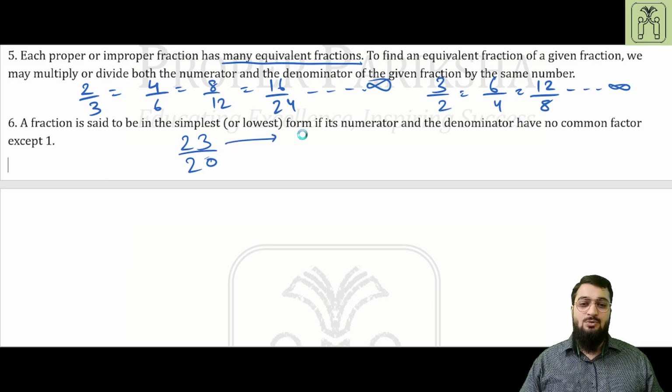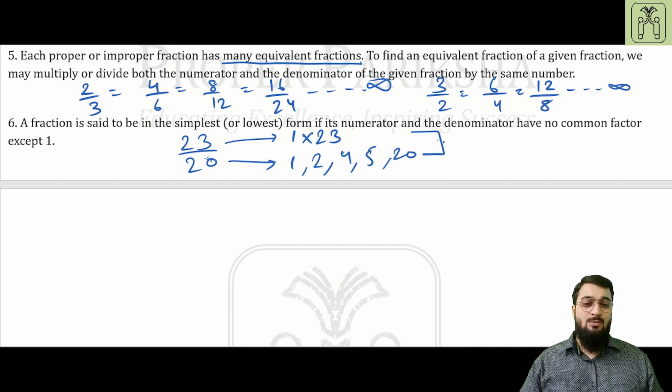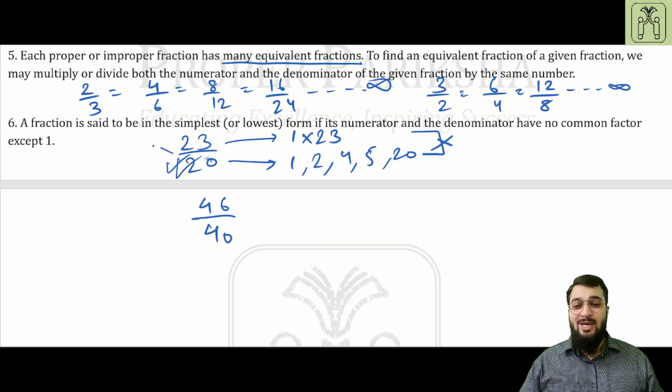No, because 23 has only the factors 1 and 23, because 23 is a prime number, and 20 has factors 1, 2, 4, 5, 10 and 20. Both of them have nothing in common. That is why this is the simplest form. We can have bigger equivalent fractions than this, like 46 upon 40, but we cannot make it much simpler than it already is.